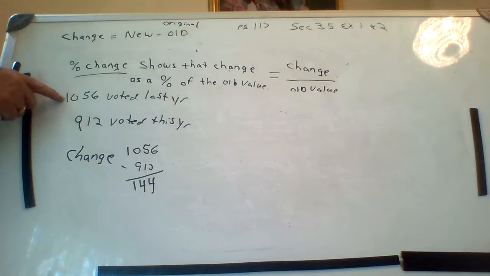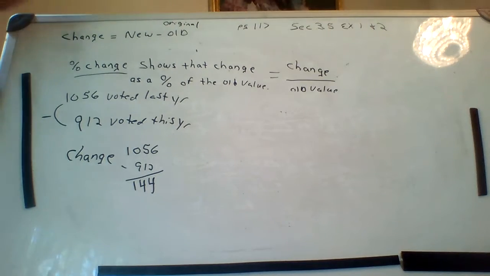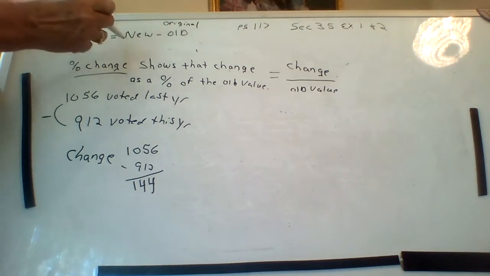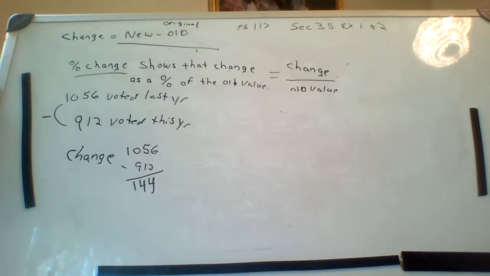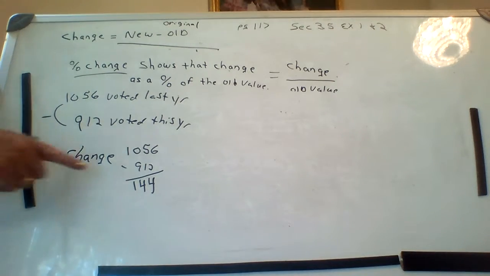But you look at this and say, okay, this was last year, this was this year, it decreased, right? But if you wanted to represent that the right way and use this correct formula, it's saying keep the new. Well, what's the new?